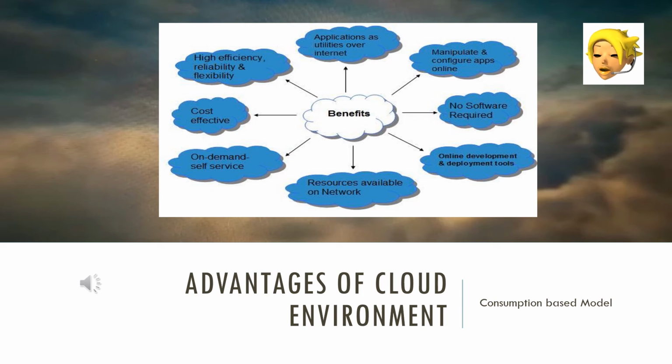The scalability: apps in the cloud can scale vertically and horizontally. Scaling vertically is to increase the compute capacity by adding RAM or CPU to the virtual machine, and scaling horizontally increases compute capacity by adding instances to the resources, such as adding a virtual machine to the configuration.